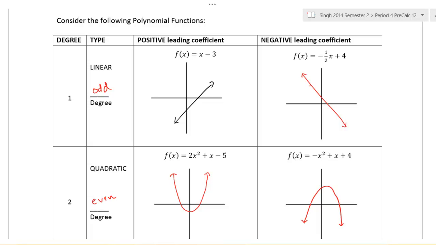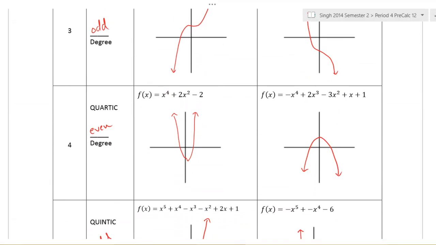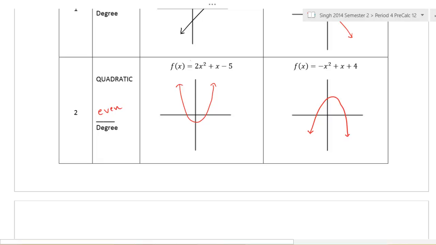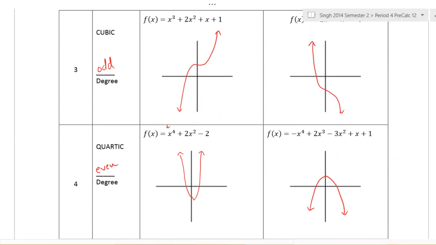So let's take a look at even degree polynomials first. We've got the quadratic and the quartic, those two that we want to consider. You'll notice that whenever you have an even degree function and the leading coefficient is positive, so the number in front is positive, like here and here, then we end up having graphs that open upwards, right?